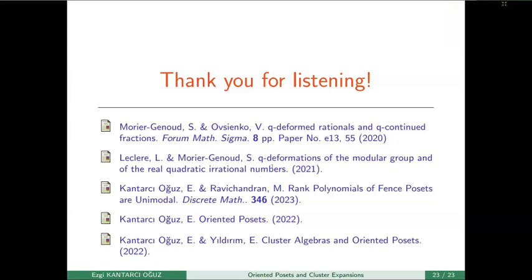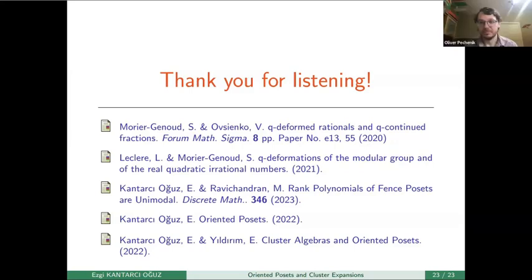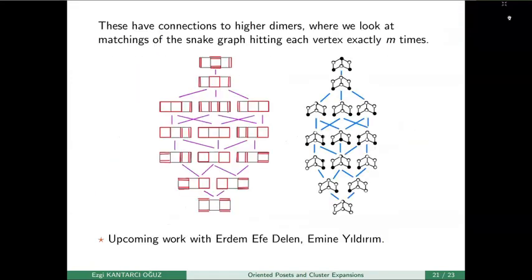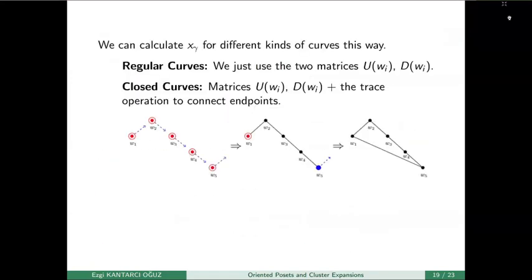I have a question. Go ahead, Sam. Nice talk. Sorry about the technical issues. So going back to the original conjecture about unimodality of the rank generating function. The posets you're looking at are a special case of intervals in Young's lattice.